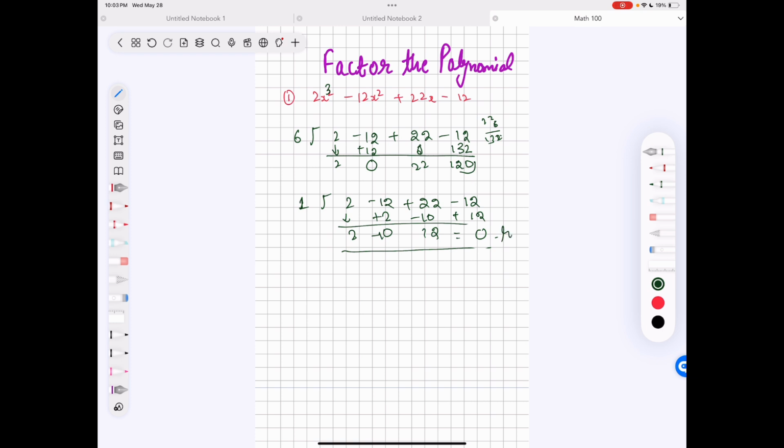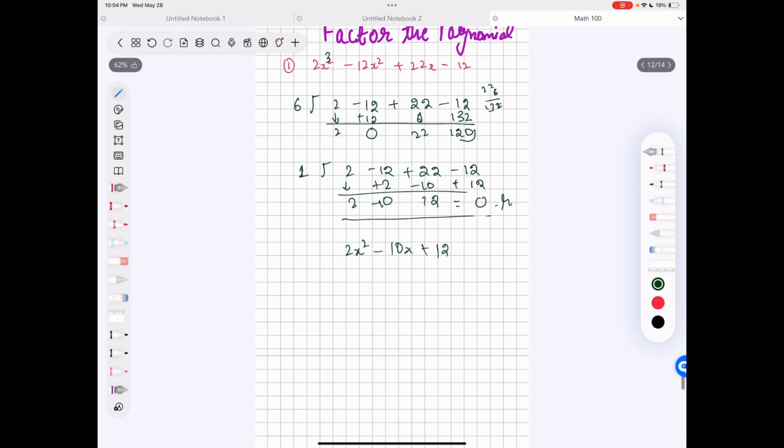And then we can write the quotient that we get by taking 1 degree down. So it's going to be 2x squared minus 10x plus 12. So now it is a quadratic. We can use the quadratic formula to find the zeros, or we can just factor it. But I'm just going to do the quadratic formula.